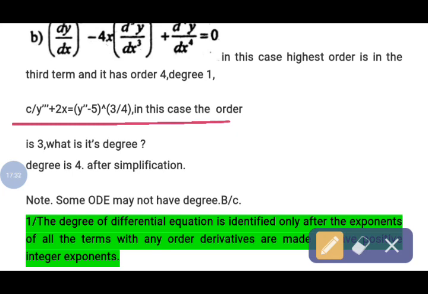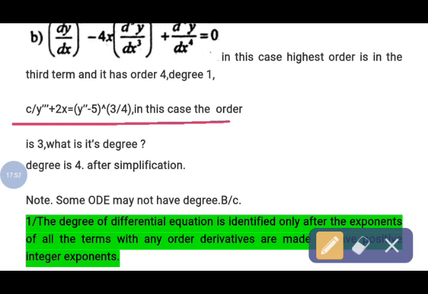The right-hand side is going to be y third order, whose exponent is 4, plus 2x to the power of 4, which is equal to y second order minus 5 to the power of 12 over 4, which is going to be 4.